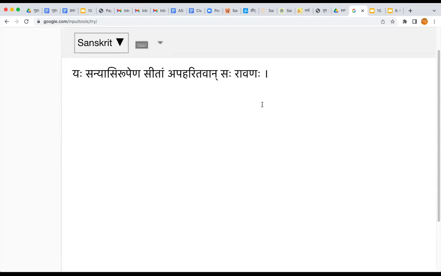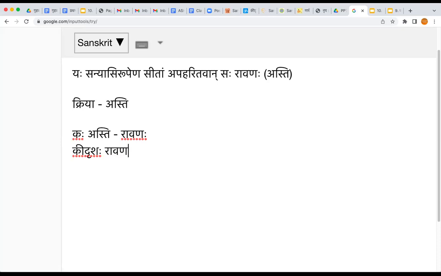So atra Kriya Pada Dvayam asti. So here it will be asti. So first we take asti as the first Kriya Pada. Kaha asti? Ravanaha asti. कीदृशः रावणः अस्ति? सः रावणः अस्ति.